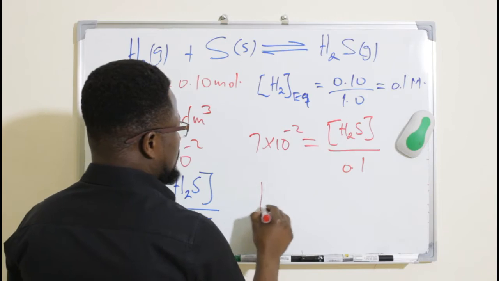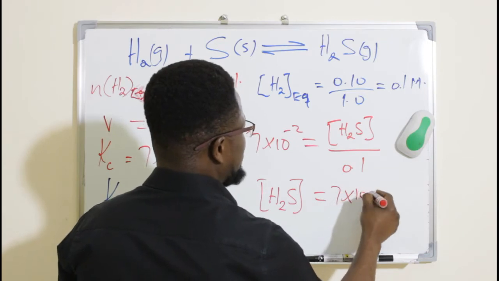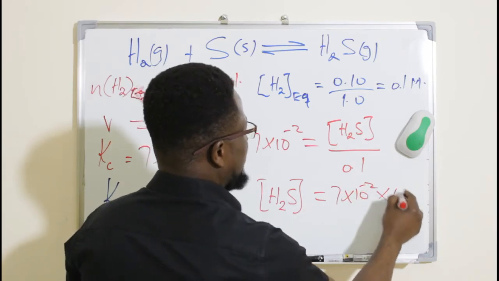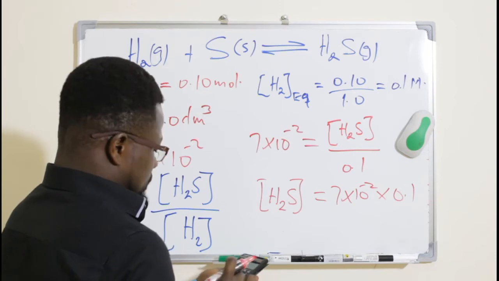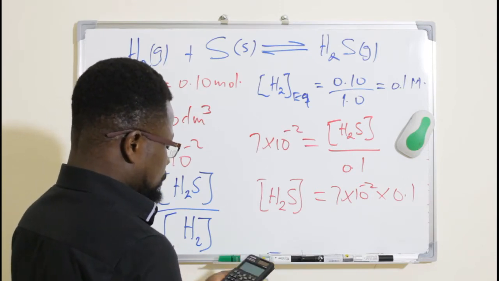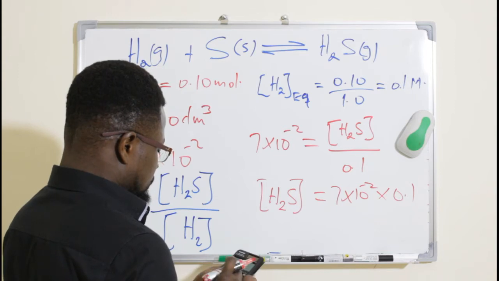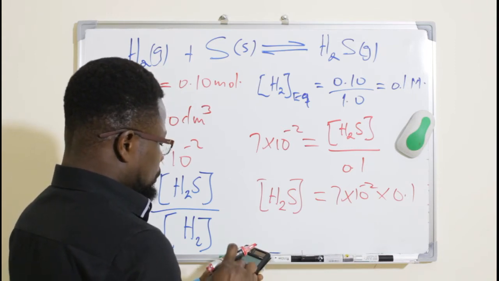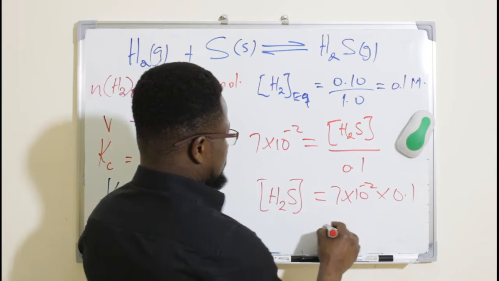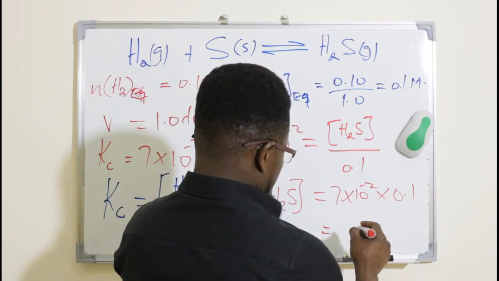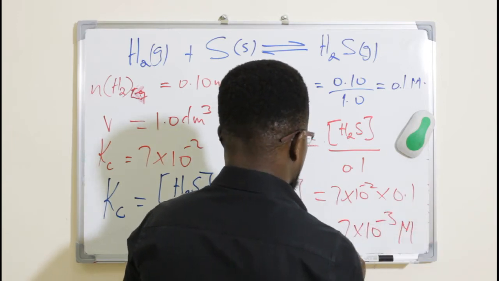Therefore the concentration of the H2S is now going to be 7 times 10 to the power negative 2 multiplied by 0.1, and that is going to give us 7 times 10 to the power negative 3 molar concentration.